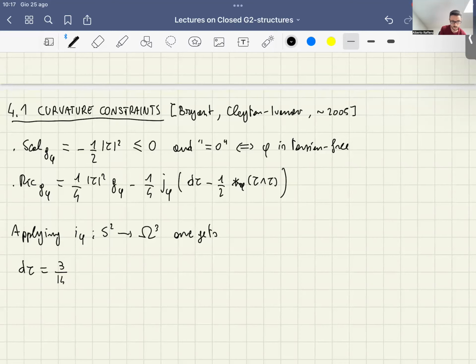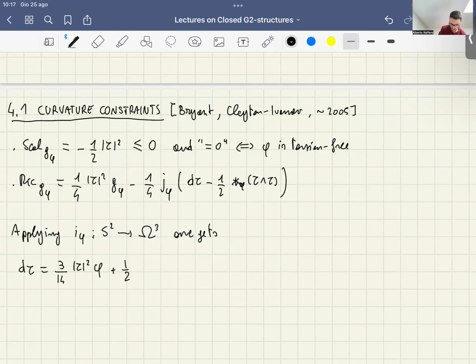It is 3/14 the square norm of tau times phi, plus 1/2 the Hodge dual of the four-form given by tau wedge tau, minus 1/2 this map I applied to the traceless part of the Ricci tensor of the metric g phi.